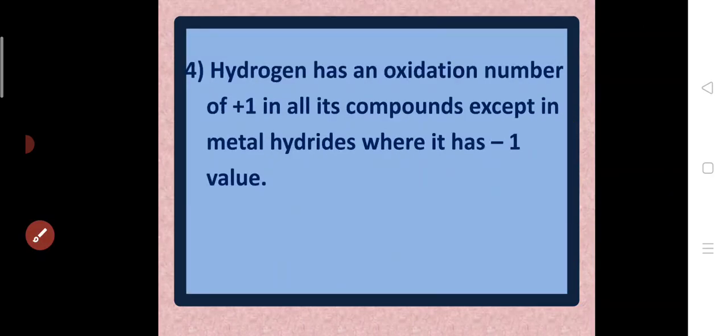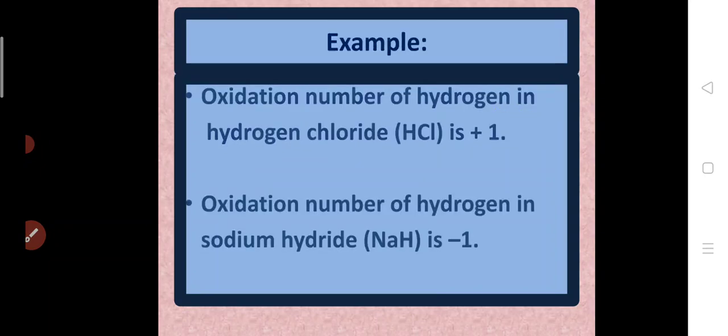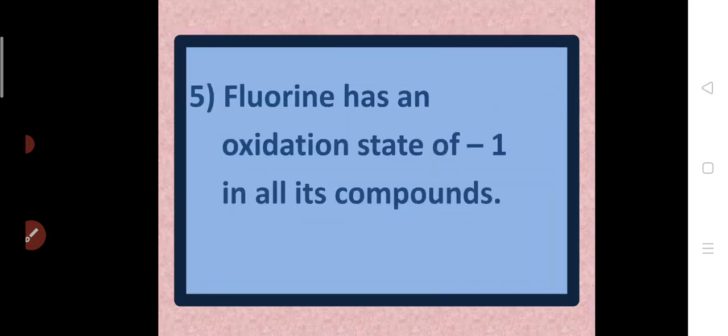Hydrogen has the oxidation number +1 in all compounds except in metal hydrides, where it has the value -1. The oxidation number of hydrogen is +1, but in metal hydrides, for example sodium hydride NaH and lithium hydride LiH, the oxidation state of hydrogen will be -1. Otherwise, everywhere else it is +1. So in HCl the oxidation state is +1, and in NaH the oxidation state of hydrogen is -1.